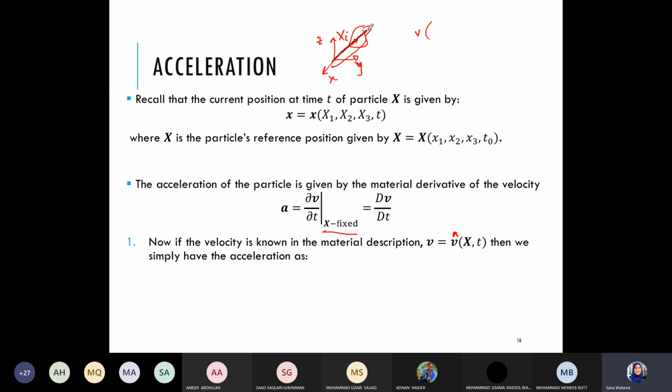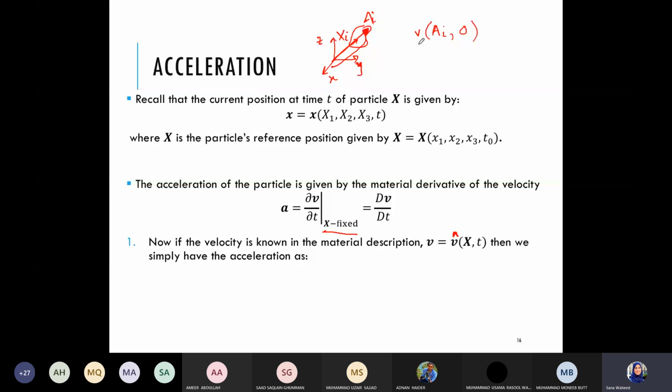Let's say I call this one Ai. This Ai is the particle. So if I find the velocity of Ai, I can find it at time 0, and then it will be this. By the way, I've written capital A because it's representing its original position.